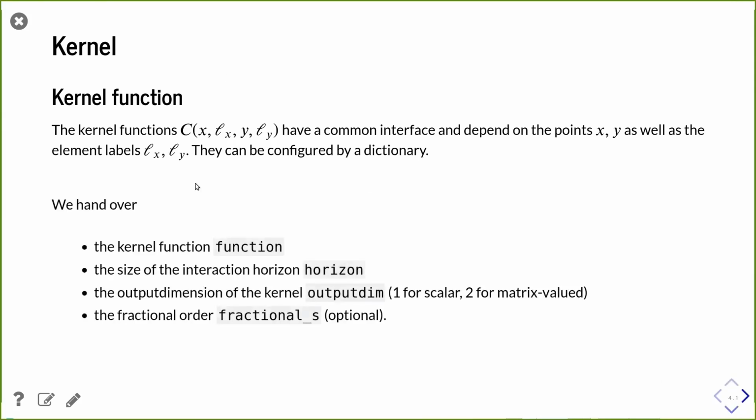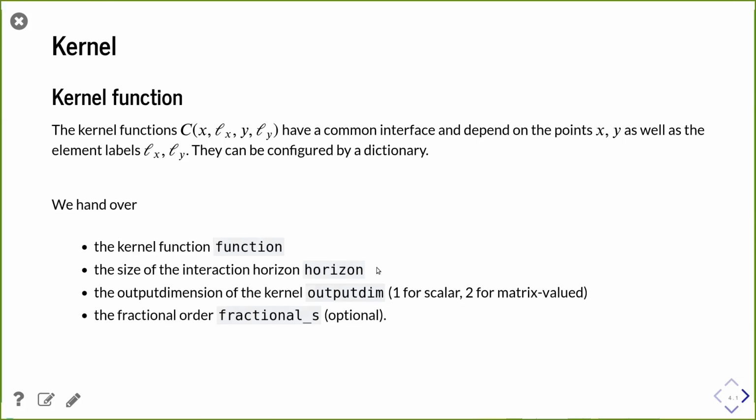The dictionary, a Python dictionary with which we set the kernel, contains four ingredients, namely the function itself. That's not the function, it's the name of the function. The kernel has to be pre-implemented in the C++ code. That's maybe not the most elegant method, but you have it pre-implemented and you just choose the kernel function by the name.